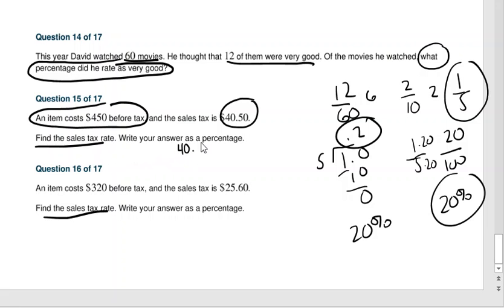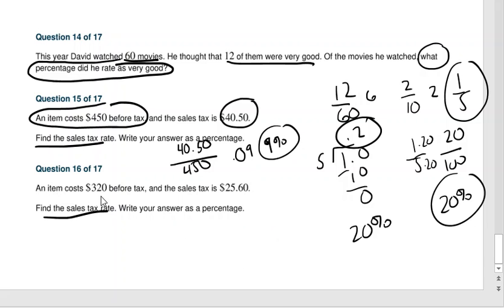Well, you're going to have to take $40.50 and divide by 450. That's going to give you 0.09, which is really just 9%. That would be the sales tax rate.